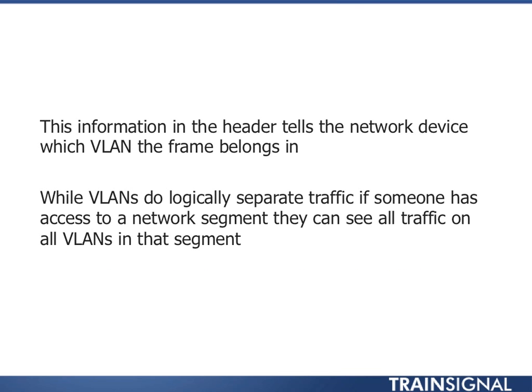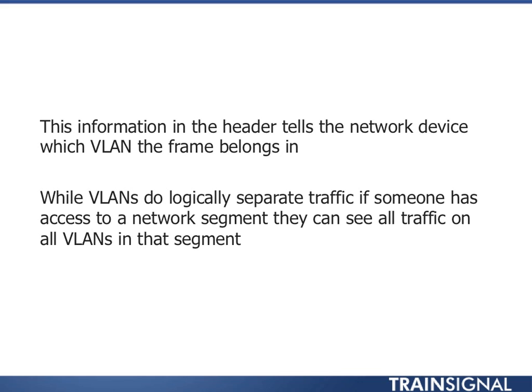While VLANs do logically separate traffic, if someone has access to the network segment, they can see all traffic. So if I can put a sniffer on a network port somewhere or a physical cable connection, anything that goes across that connection in front of me, I can pull off. Even if it's 20 different VLANs, I can see it. It's kind of up to the thing at the other end of the cable to honor that.